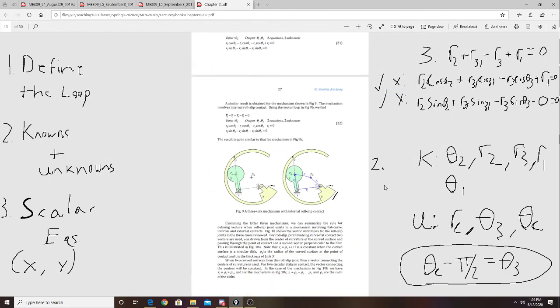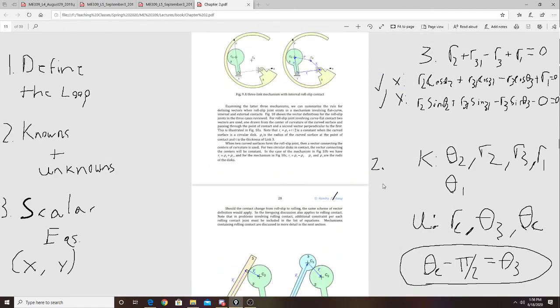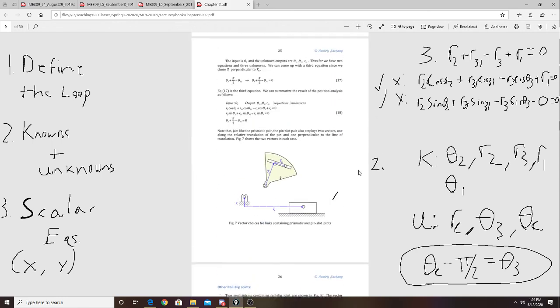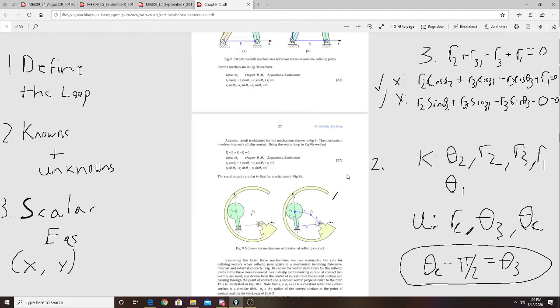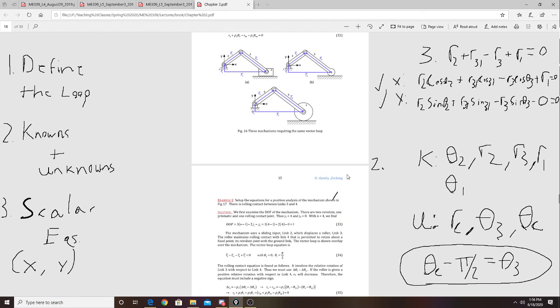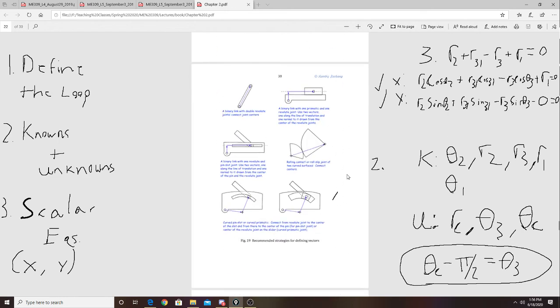All right. So next time, so Friday, we are going to touch on probably rolling contact. Yeah, we're going to have to do rolling contact.